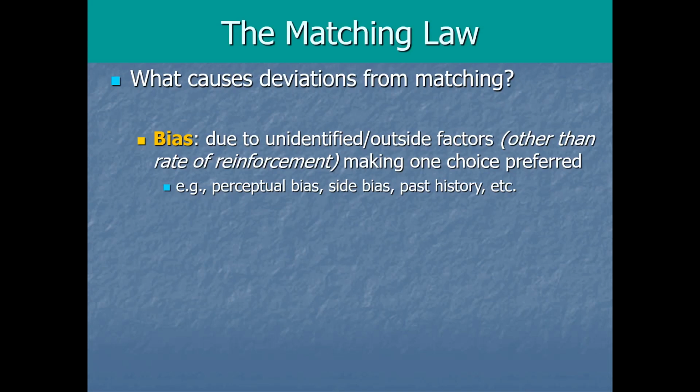Maybe the way their perceptual apparatus works, they can see red lights better. It stands out more. It's more salient. That would be a perceptual bias that might make them pick red a little more often than we'd expect. Or they might have a tendency to respond on their right side or on their left side. We call that just a side bias. They seem to like that side. They do more behaviors on that side.